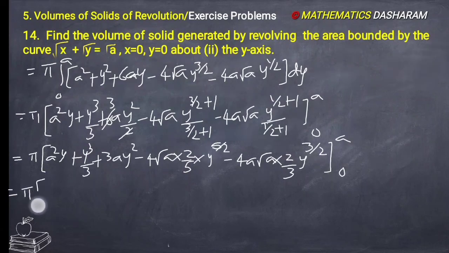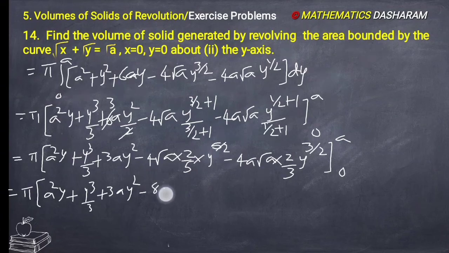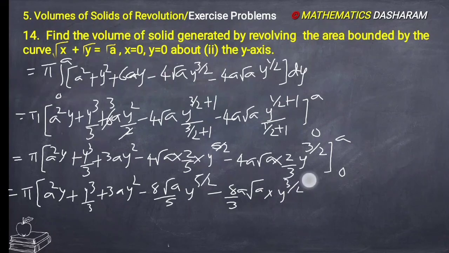So pi into a square y plus y cube by 3 plus 3a y square minus, 4 2s are 8, root a by 5 into y to the power of 5 by 2, minus, 4 2s are 8 by 3, a into root a into y to the power of 3 by 2, from 0 to a.